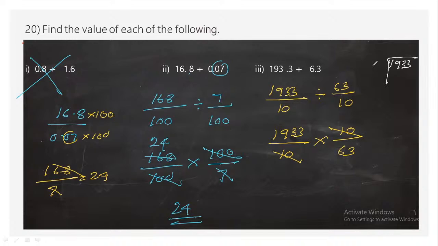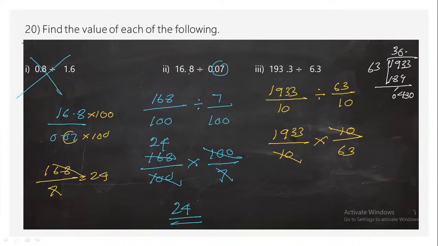1933. There are 3. 3 times 63: 3 times 3, 9; 3 times 6, 18. Subtract. 13 subtract 9, 4, 0. Then 43 doesn't have, right?